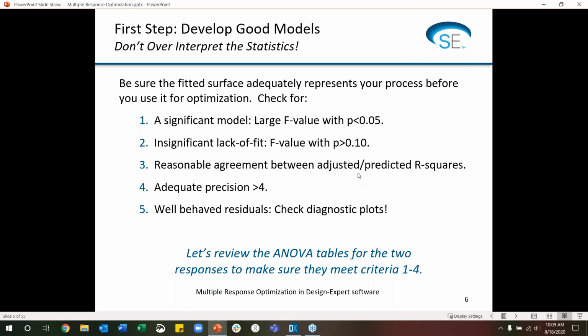So again, that's kind of up to you to decide, but you don't have to have R-squareds that are 0.9s. You don't have to go that far. And then adequate precision is a signal to noise ratio that we generally want to be above 4. And as I mentioned, we want your diagnostic plots to be well behaved.